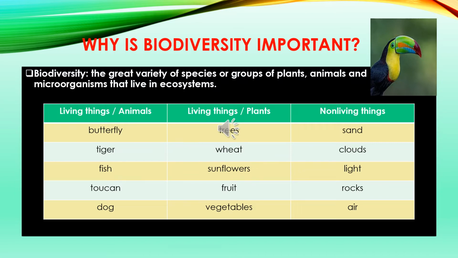So the things that we mention in this column do not live. They do not have cells, but they are a very important part of the ecosystems because we need air for life. We need the sun. We need the light. They are important, but they are not living things like the animals, like the plants.